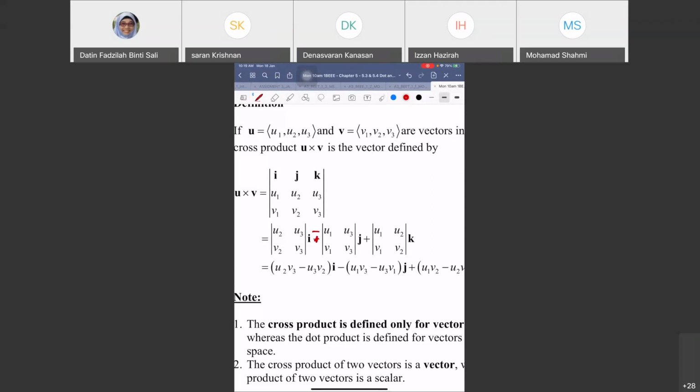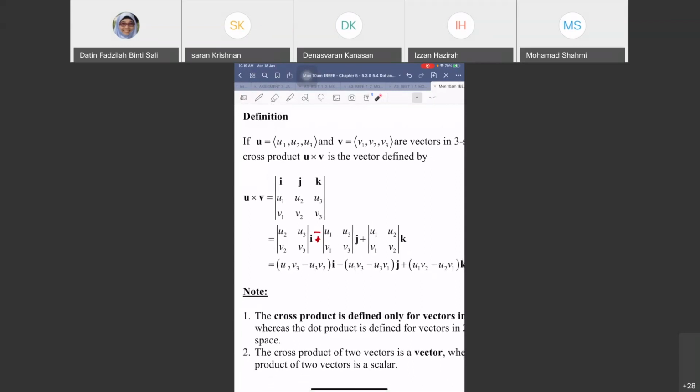Remember last time when we did a determinant: to find it for i, you cover column 1 and the first row, so you have the remaining entries, the minor of the 3 by 3 matrix.